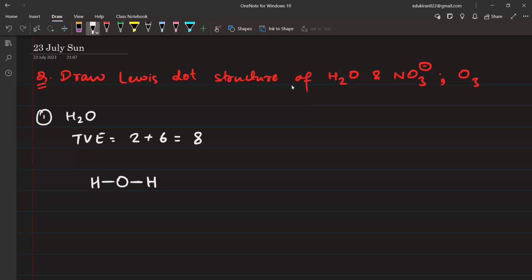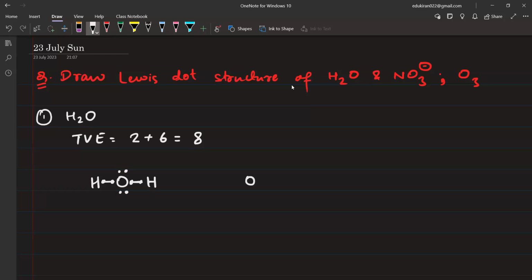Right? Now, since hydrogen already has 2 electrons, I don't have to add any electron on hydrogen because hydrogen are happy. Hydrogen just need 2 electrons. Then I have used how many electrons? 4 electrons. 4 electrons are remaining. So 1, 2, 3, 4.